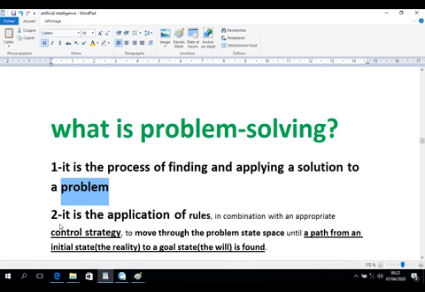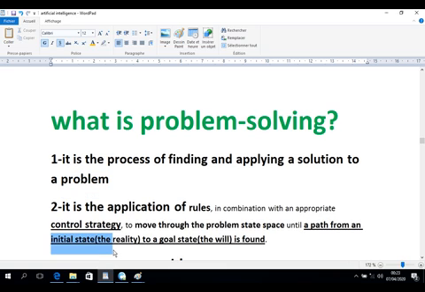For the cannibals and missionaries problem, we determine the sequence of trips, and then we apply those trips to get all the missionaries and cannibals to the other side of the river. Is it okay? Fine.